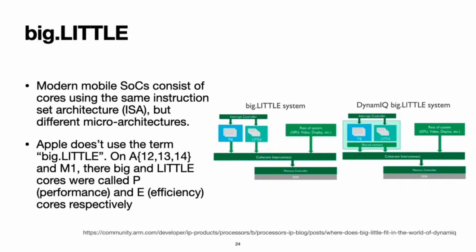Nowadays, on flagship cell phones, there may be more different kinds of cores in the same cluster. Apple doesn't use the term big.LITTLE. On A14 and M1, there are big and little cores, but they are called P and E cores respectively.